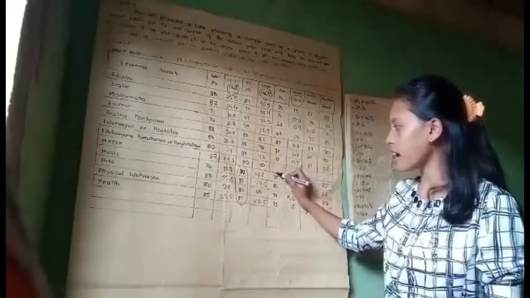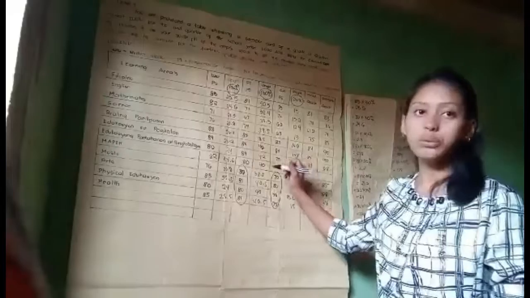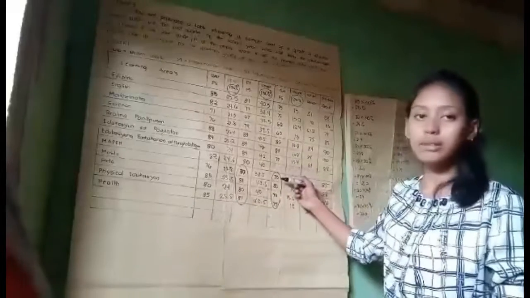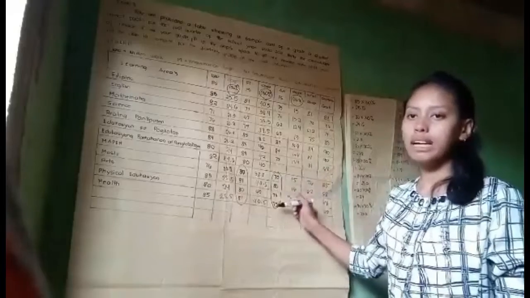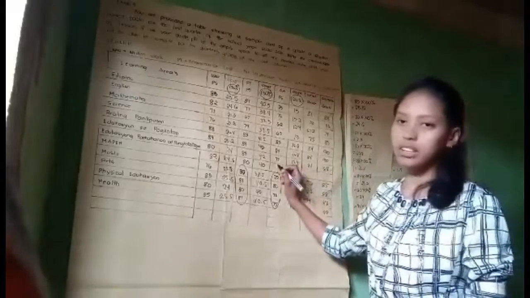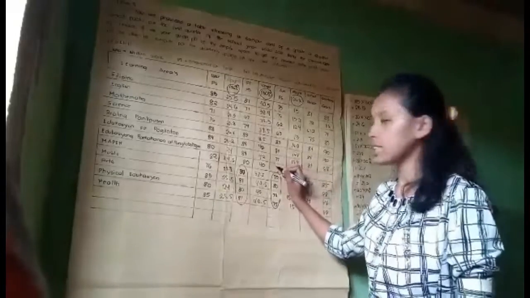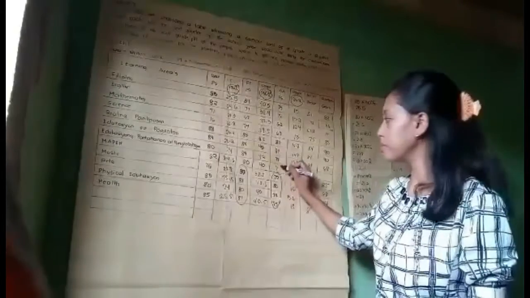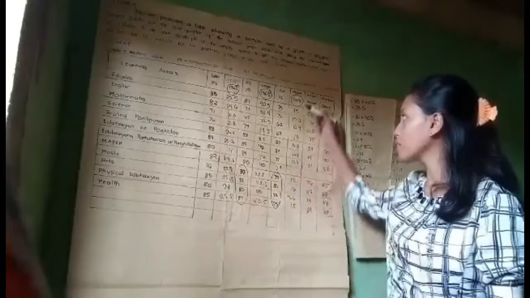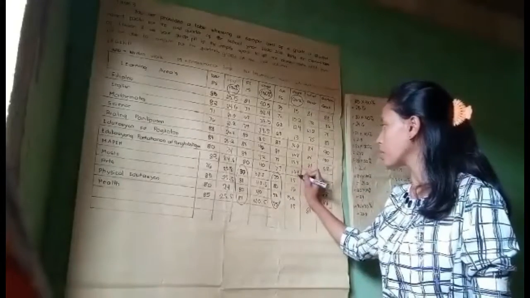Next, let's add these four: 75 plus 80 plus 78 plus 75, divided by 4. So this would be 77. So 77 times 20% is equal to 15.4.